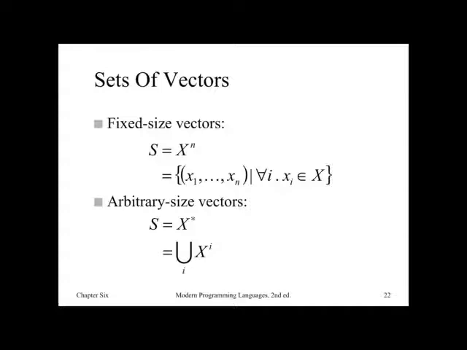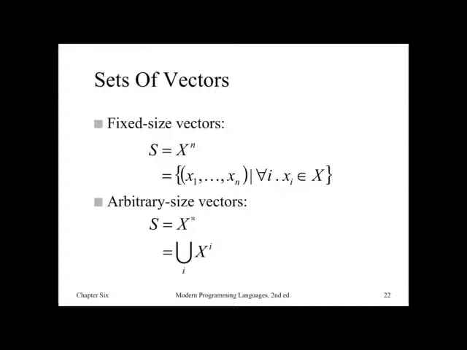I want to just explain the notation here, a little bit of mathy notation, right? So this set, they call it kind of x to the n, right? And what this really means is that for this set of x1 to xn, x sub 1 to x sub n, every one of those values, x sub i, is in the big set of x.